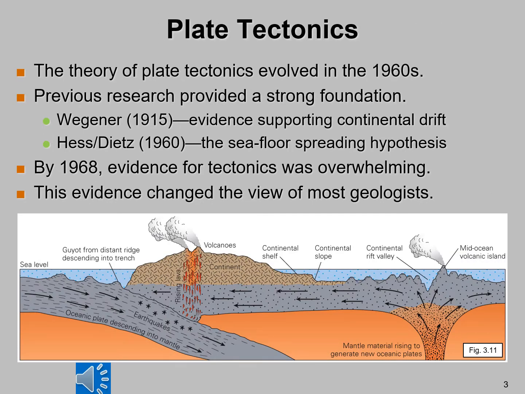In 1912, the meteorologist Alfred Wegener described what he called continental drift, expanded in his 1915 book, The Origin of Continents and Oceans.